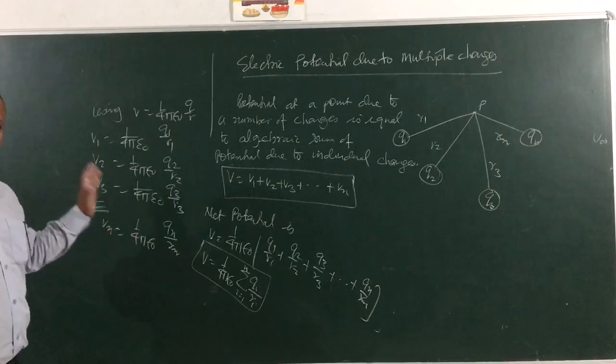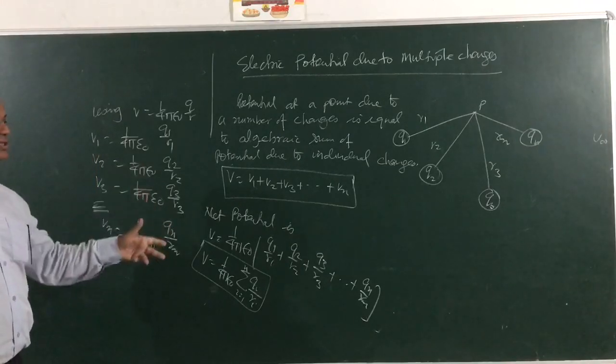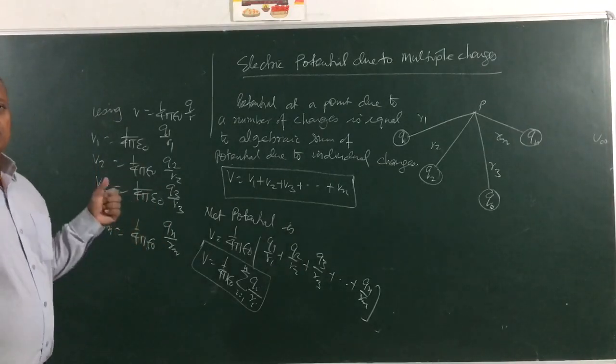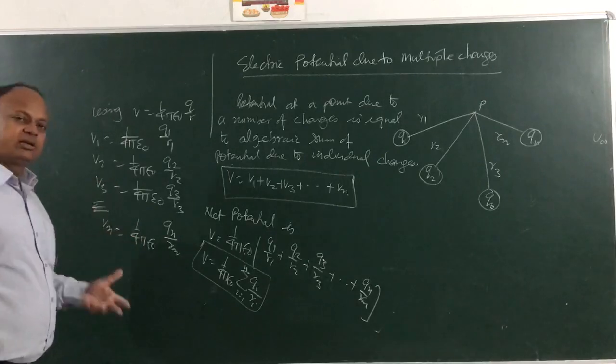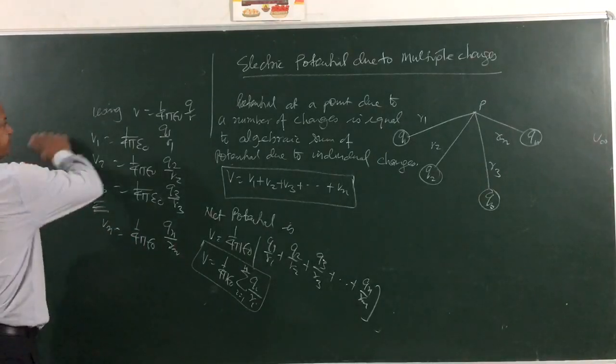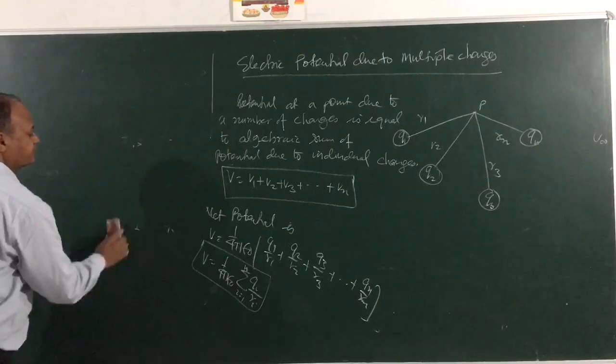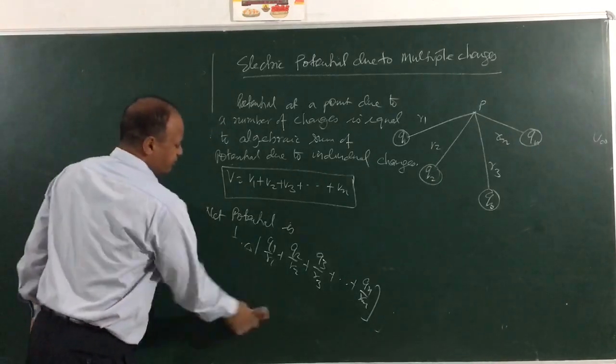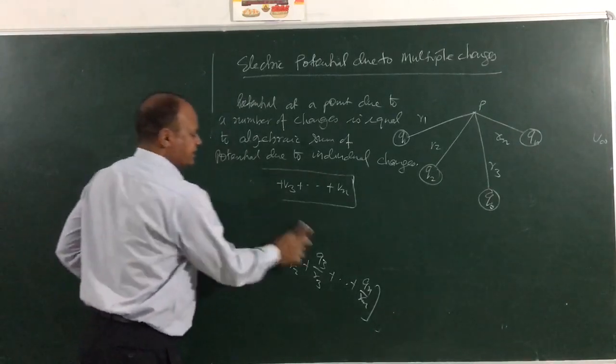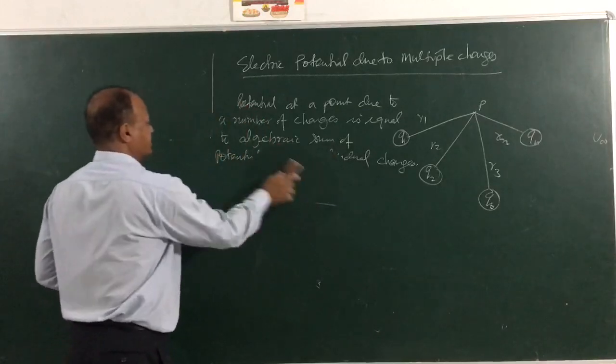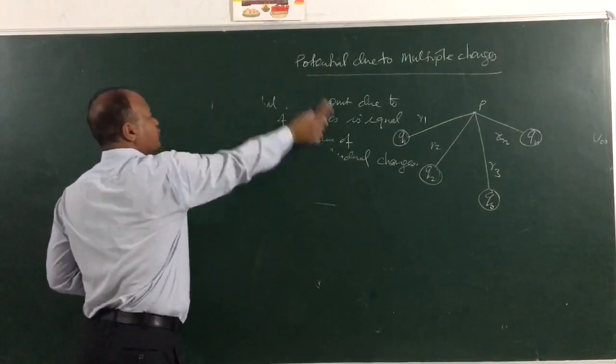Make sure you pause the video and write all these derivations, or you take a screenshot and write it down. So we saw potential due to a number of charges. Very easily we can do it, children.